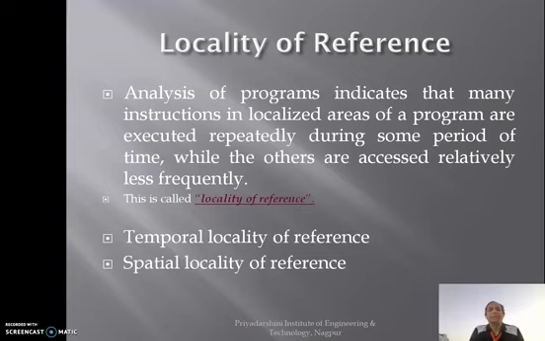That is the temporal locality of reference. Whereas in spatial locality of reference, instructions with addresses close to the recently executed instructions are likely to be executed.